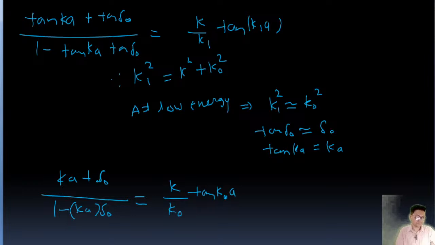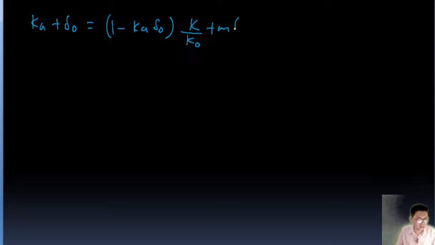Next, ka plus delta naught equal to 1 minus ka delta naught times k upon k naught, tan k naught a. We'll just multiply that.